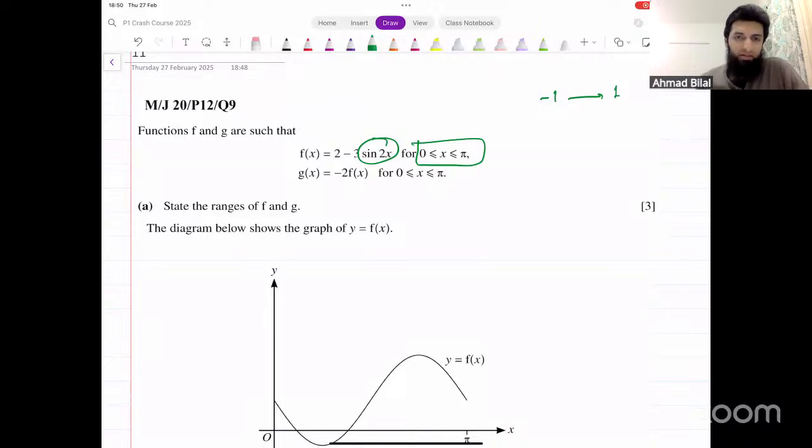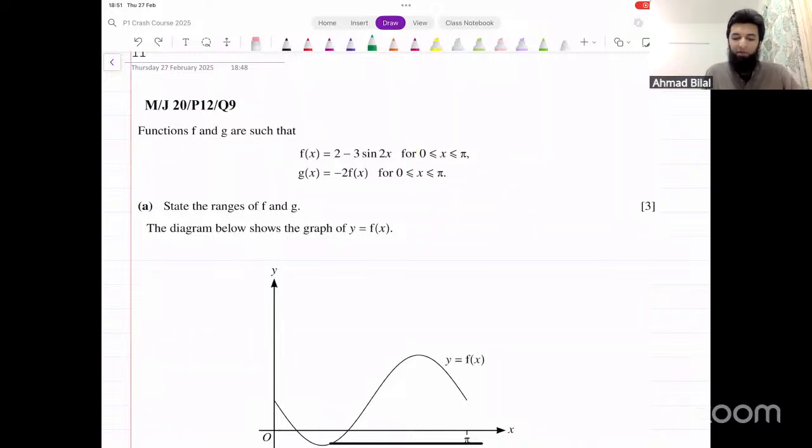It is, because the period for sine x is 0 to 2 pi. But since we are multiplying x by 2, the period is divided by 2, so the period is going to be pi. So sine of 2x does complete one full cycle from 0 to pi.